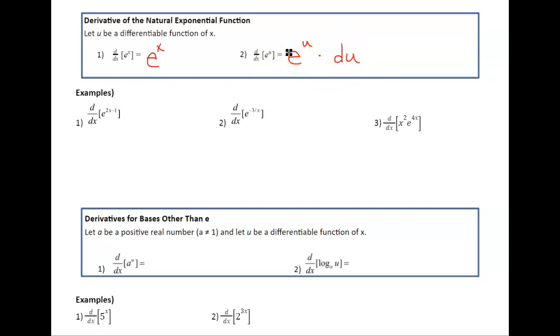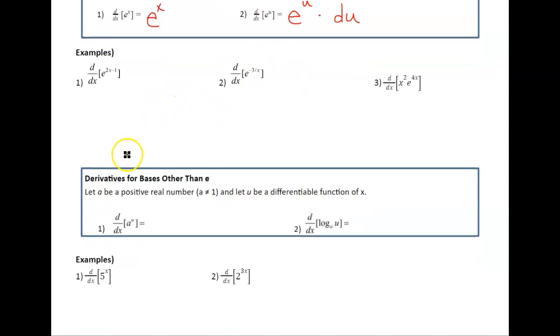Okay? So we got some things going on here. So let's look at the first one. Our derivative, well, we rewrite the problem, and then we multiply by the derivative of 2x minus 1, which is just 2. And there's not much you can do. Typically, you'll just put the number in front, so it looks a little nicer.